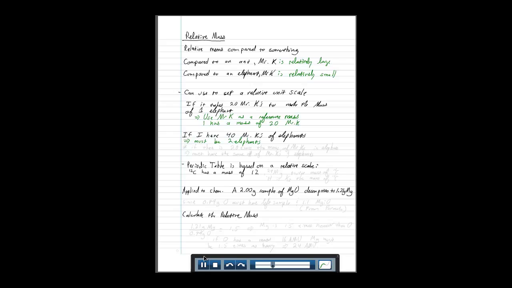One thing I do want to note that's important: if there is 20 times the mass of Mr. K's in elephants, I must have the same number of Mr. K's and elephants.